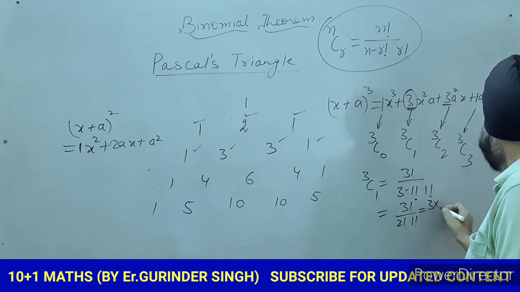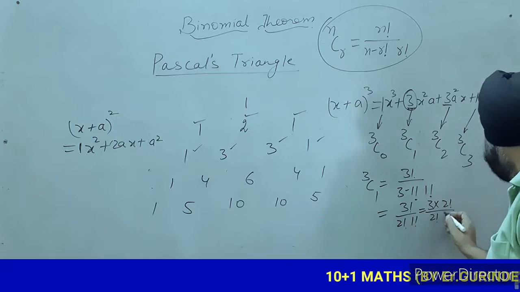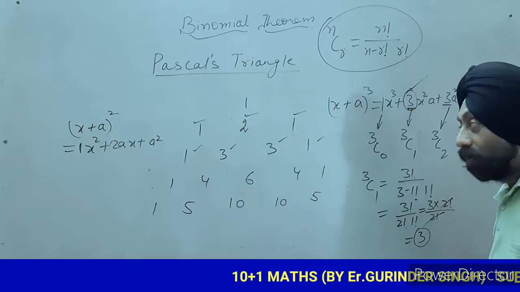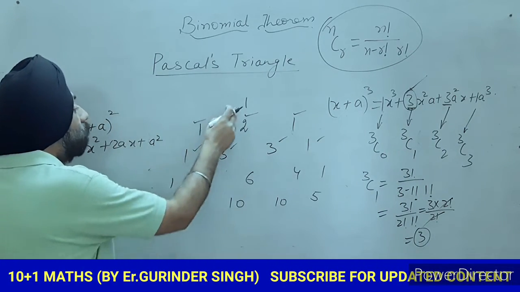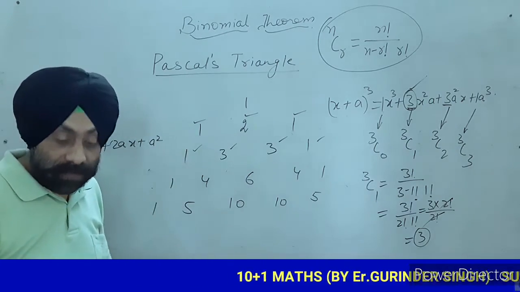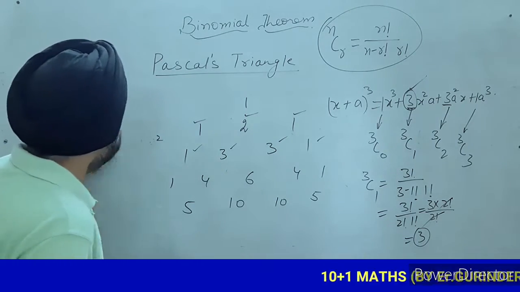This can be written as 3 into 2 factorial divided by 2 factorial. 1 factorial is 1. This cancels. The answer comes out to be 3 like this. So this Pascal's triangle helps us to calculate the values of the coefficients of the binomial theorem, right? Now I will give you an example. We will solve, expand.